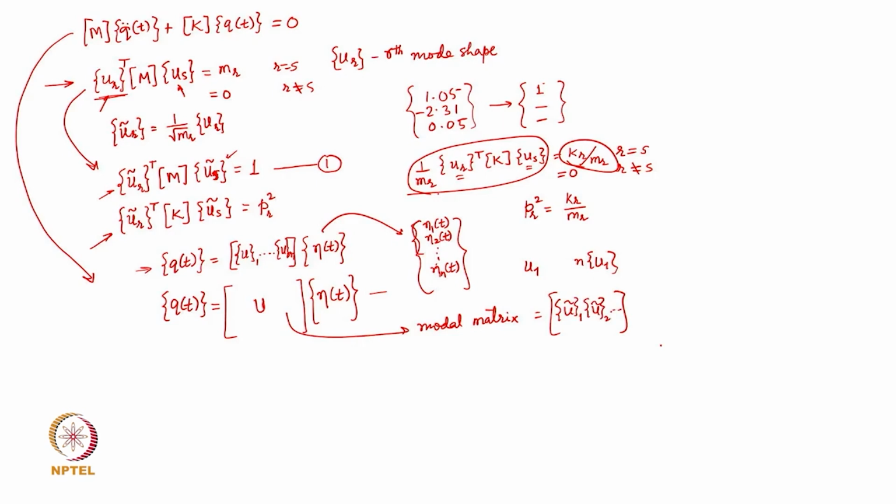Okay, now what do we do? We will now start looking at this equation and transform it from the physical coordinates to modal coordinates or principal coordinates. So, this capital M stays as it is, but now Q I will replace.